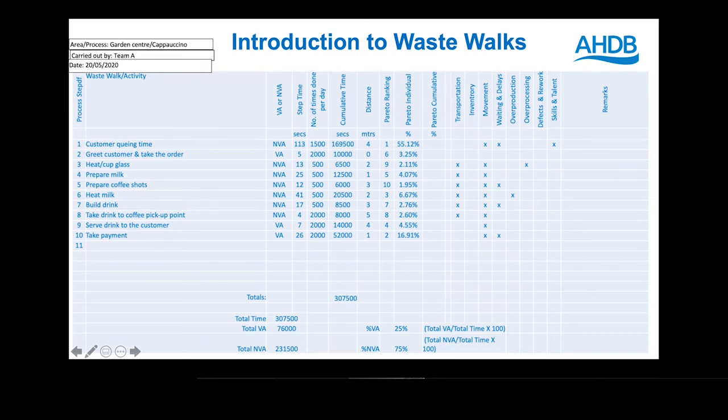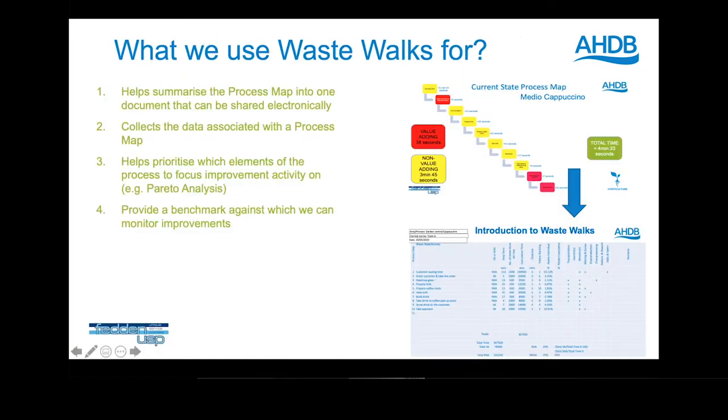This time should be less. And hopefully what you'll be doing as well is increasing the percentage of value add within the process by reducing down the amount of non-value add within the process itself. So that becomes the metrics that you use to benchmark the process.